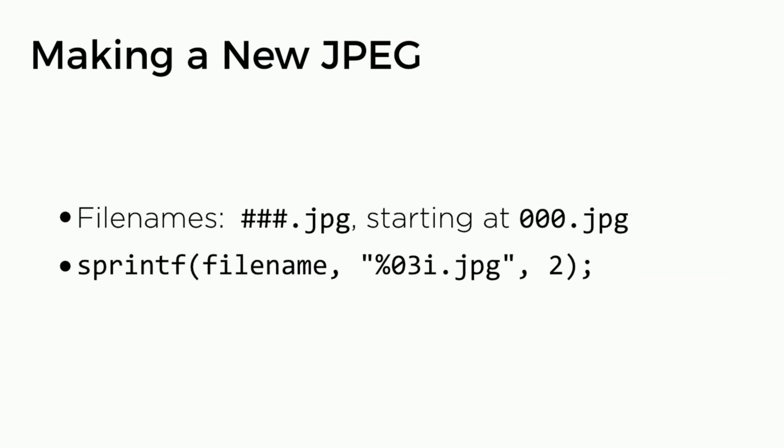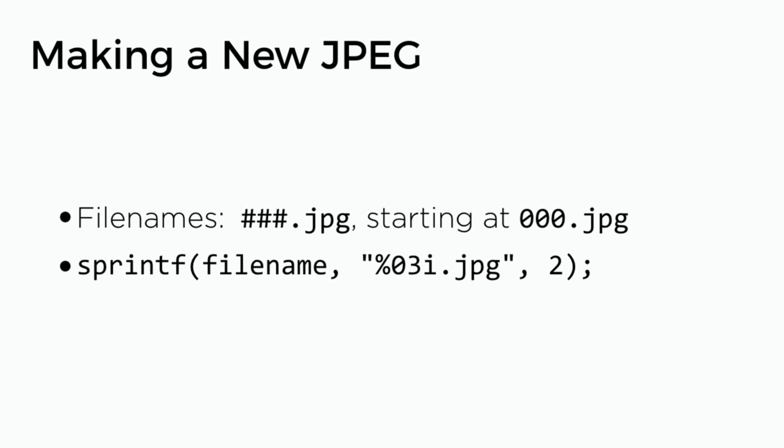How do you create a string of the format digit.jpg? Well, to do this, you can take advantage of a function called sprintf, where you're printing not to the terminal, but to a string, where the first parameter is the name of the string you want to write to, in this case, filename. The second parameter is the format string. %03i just means print an integer with 3 digits to represent it, even if a number like 0 or 1 or 2 doesn't really require 3 digits to print out that integer.